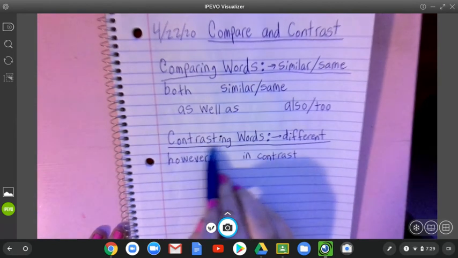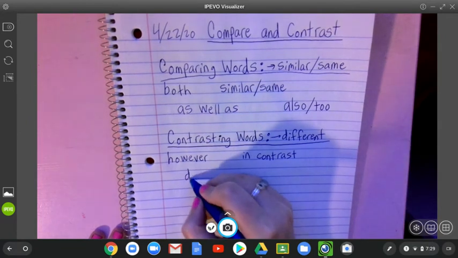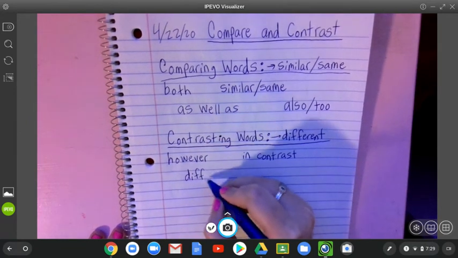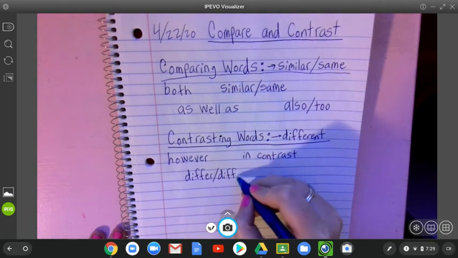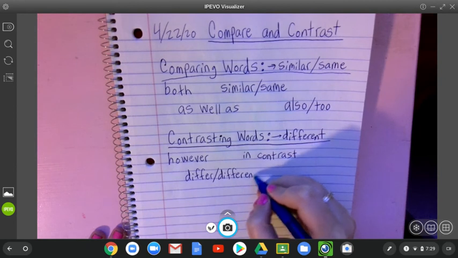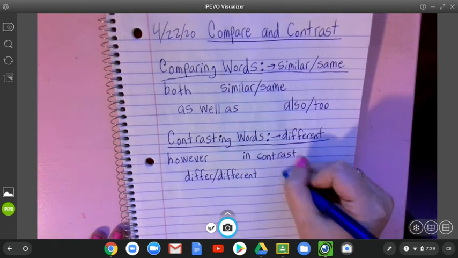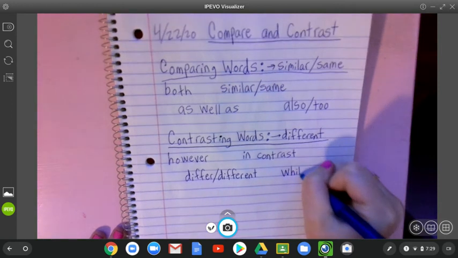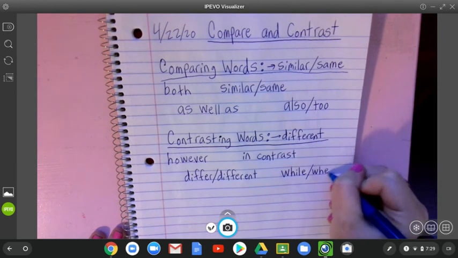Contrast, contrasting. Notice the root word is the same there. Okay, differ is another word very close to the word different. You have different length hair than I do. I have long hair while you have short hair, or whereas you have short hair.